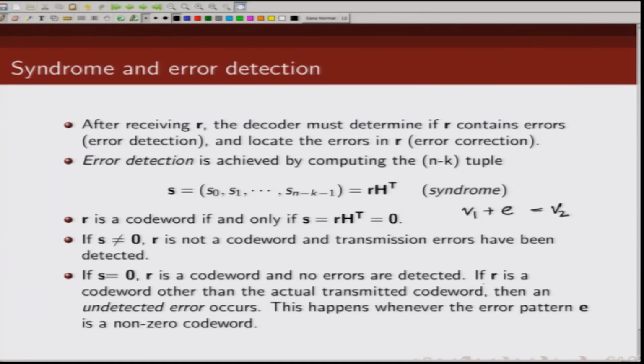However, if R is a code word other than the actual code word transmitted, then an undetected error has happened, and this happens when the error pattern is a non-zero code word, because we have said a property of a linear block code is that the sum of two code words is also a code word. So, for this scenario to happen, this E has to be a valid non-zero code word.